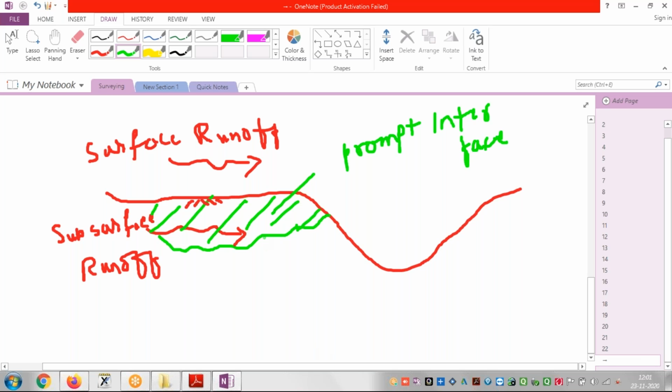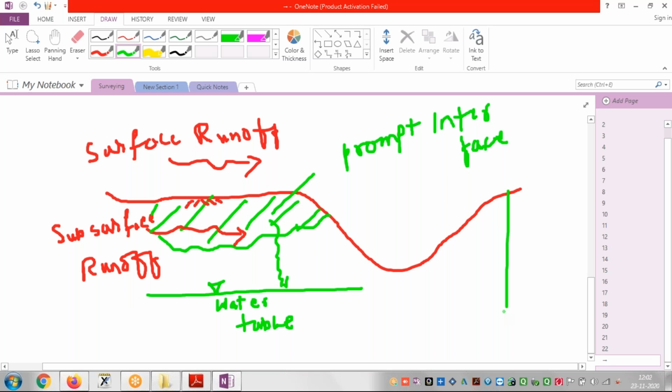But when this water goes into depth, very deep, and meets the water table, this is the water table. Water table means, if we go below the surface of the earth anywhere, we get water, like in a well.